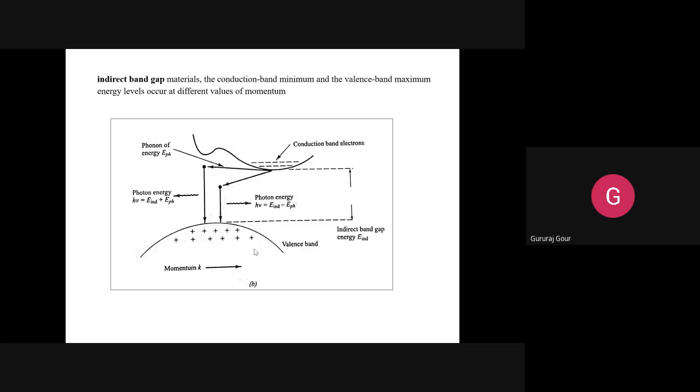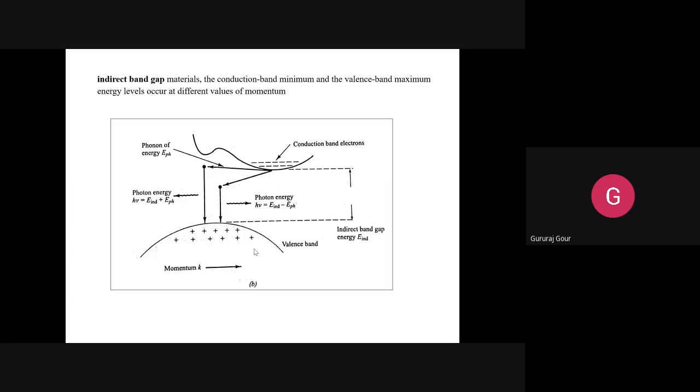Remember, guys, the direct band gaps and indirect band gaps are related with the transition of electrons from valence to conduction and conduction to valence both.